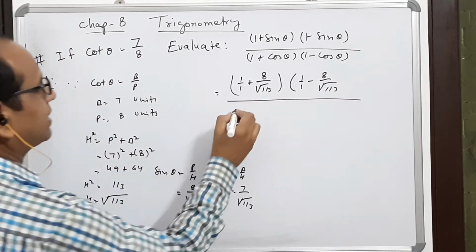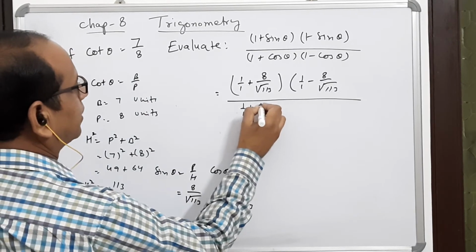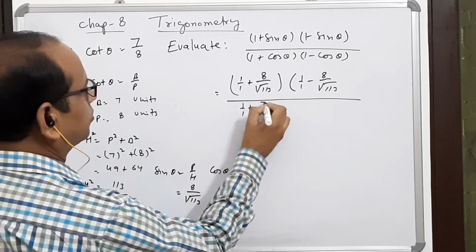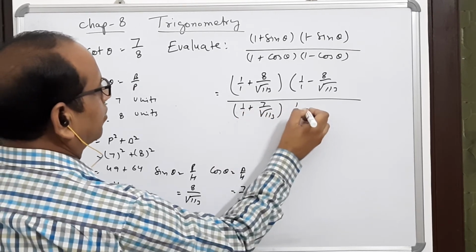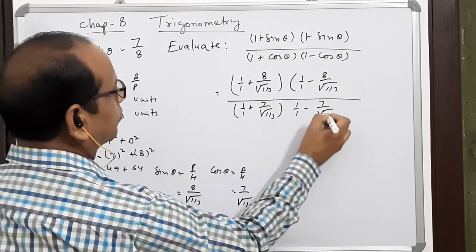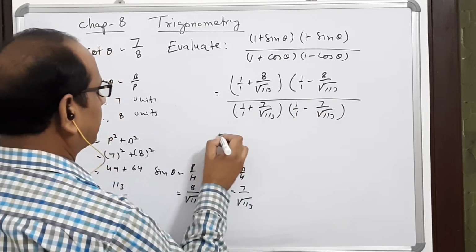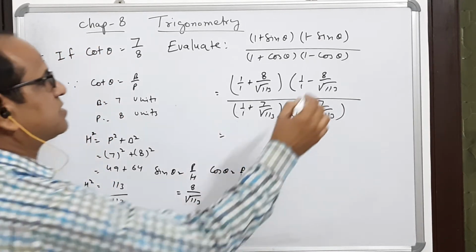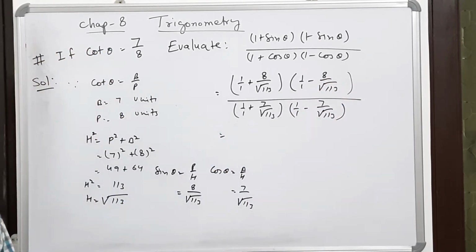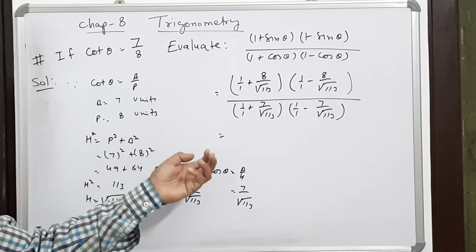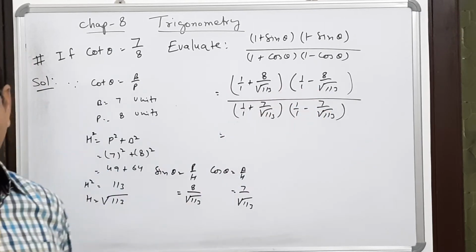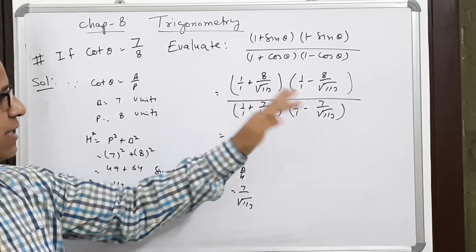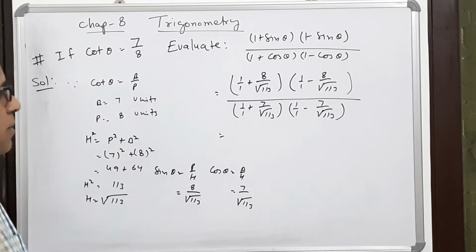The second part is 1 plus cos theta, which is 7 upon root 113, and 1 minus 7 upon root 113. Now you apply the simple concept which you read last year, a plus b and a minus b. If you multiply, it is a square minus b square.